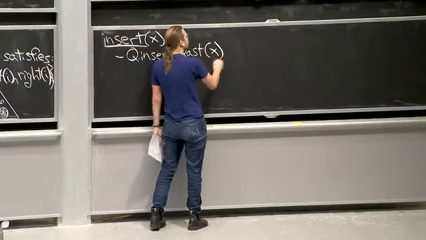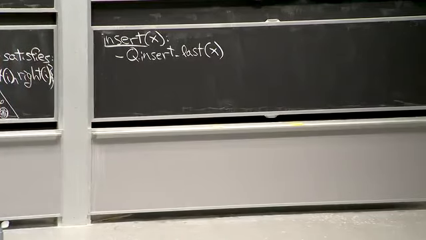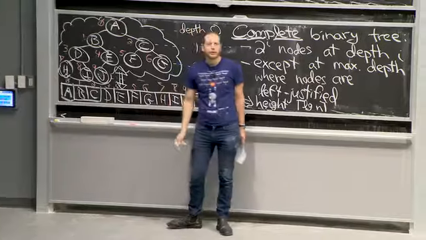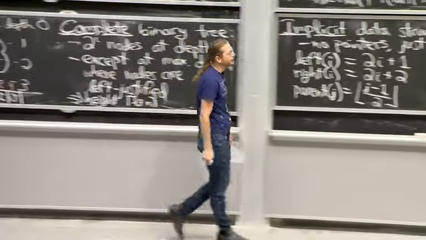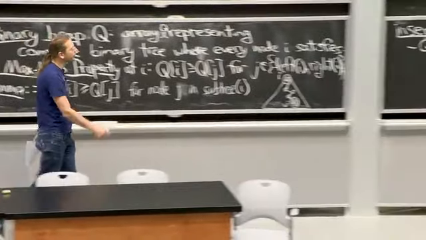This corresponds to adding a node containing the item X in the very last level of the complete binary tree. Either it goes to the right of all the existing nodes or it starts a new level, but it's always going to be the last leaf. After we do the insertion, it will be at position size of Q minus 1.